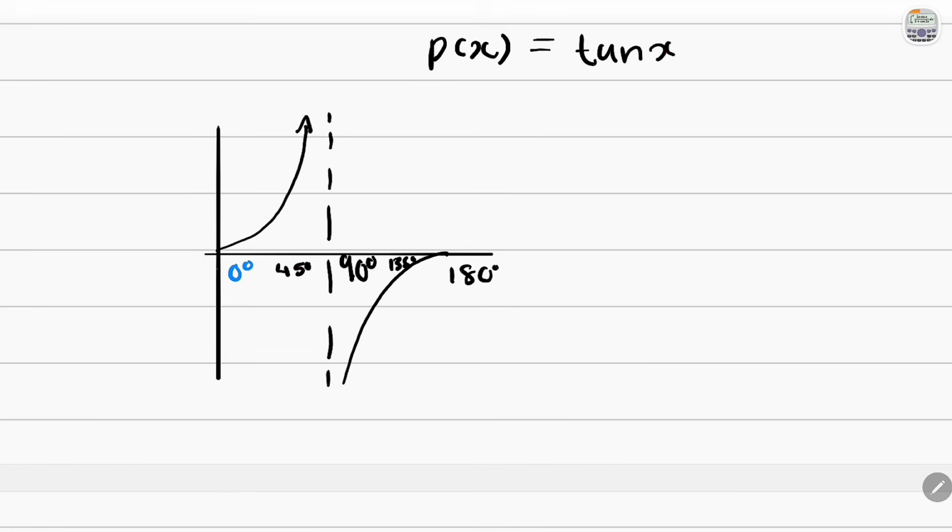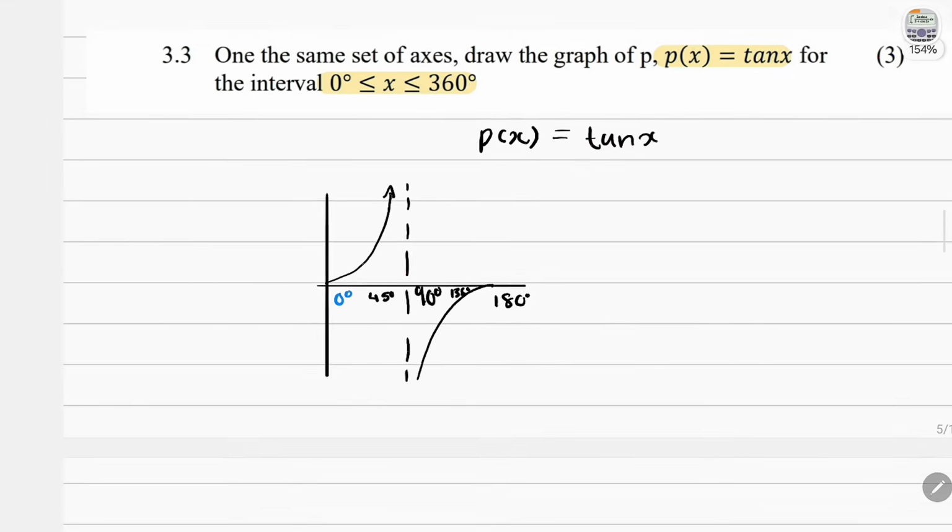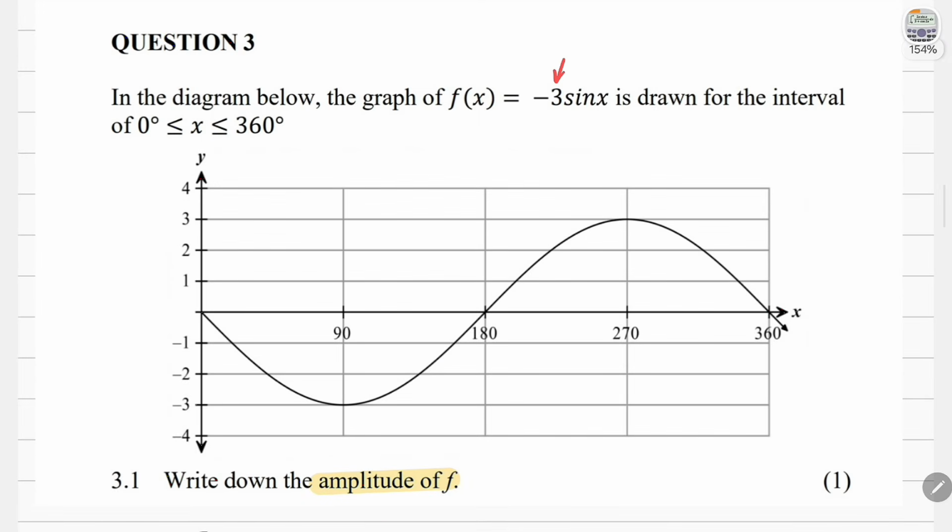So you just need to find the y values at these points and you can use your calculator to do this. Okay, so on our graph at 0 degrees, what is the value of tan x? So you just say tan, and in place of x, your angle, you substitute 0 degrees. On your calculator, you'll see that that gives you 0. So tan 0 is just 0.